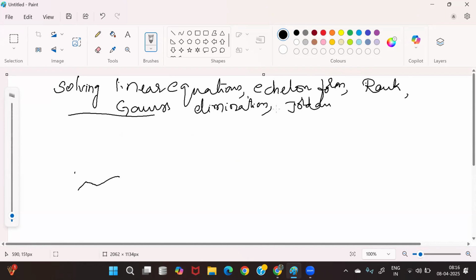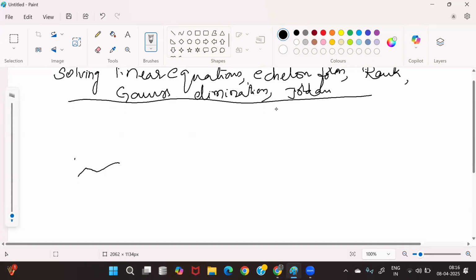Now, these are the concepts we are going to discuss about linear system of equations.